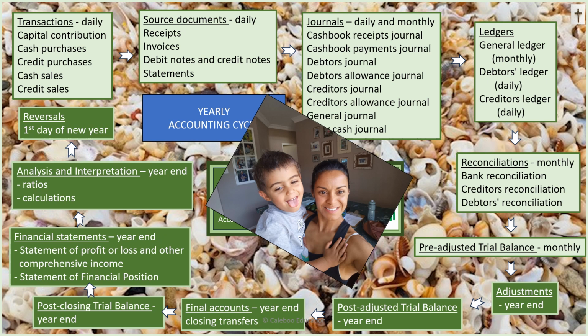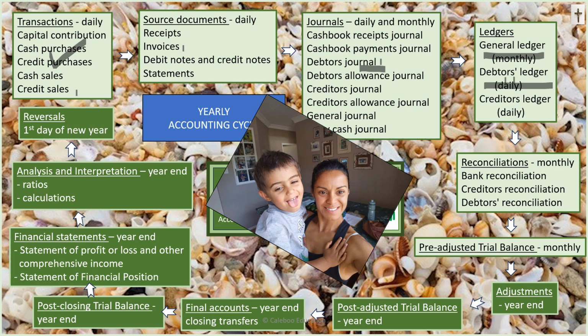Just to summarize what we did in our accounting cycle, our bookkeeping cycle, we looked at some transactions, credit sales. We documented the credit sales, or I showed you what an invoice was, and we recorded this information in the debtors journal, and we posted to the general ledger accounts. I showed you a debtors account.